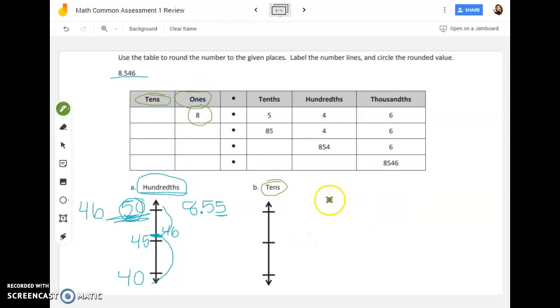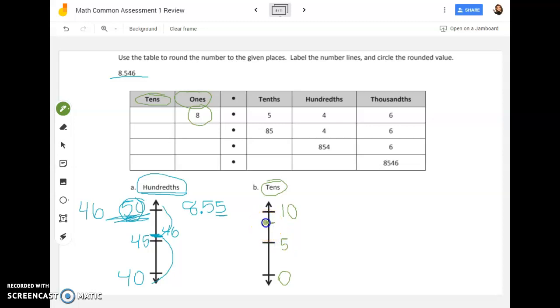Let's think about the number 8. If I was going to put 8 on my number line, it comes in between 0, 1, 2, 3, 4, 5, 6, 7, 8, 9, 10. So if we're talking about tens here, it's either 0 tens or 1 ten. We have 8 ones. Halfway between 0 and 10 is going to be 5.